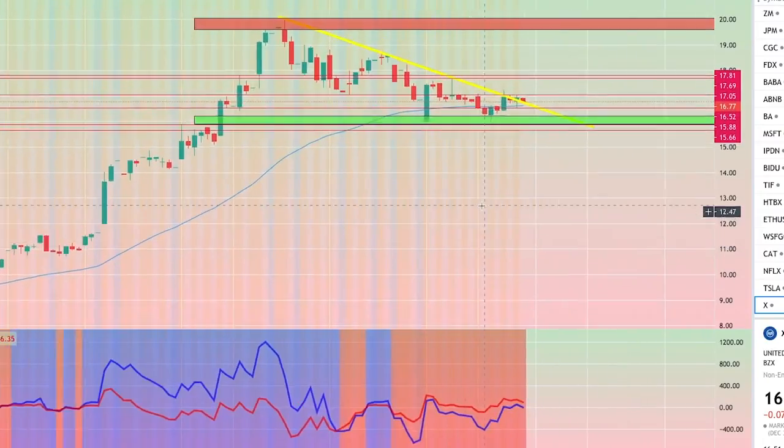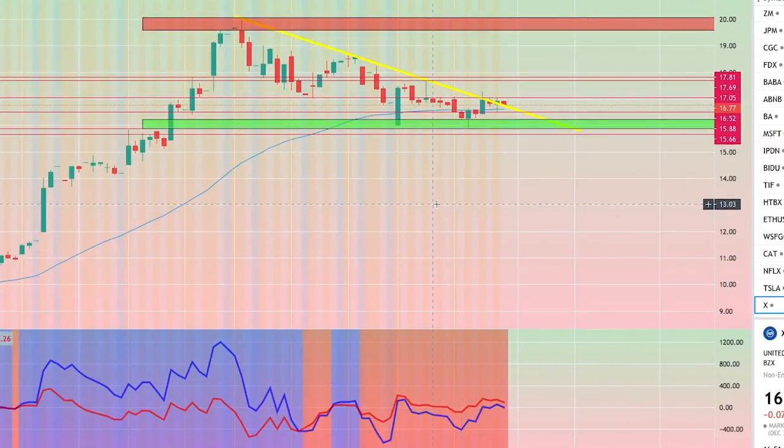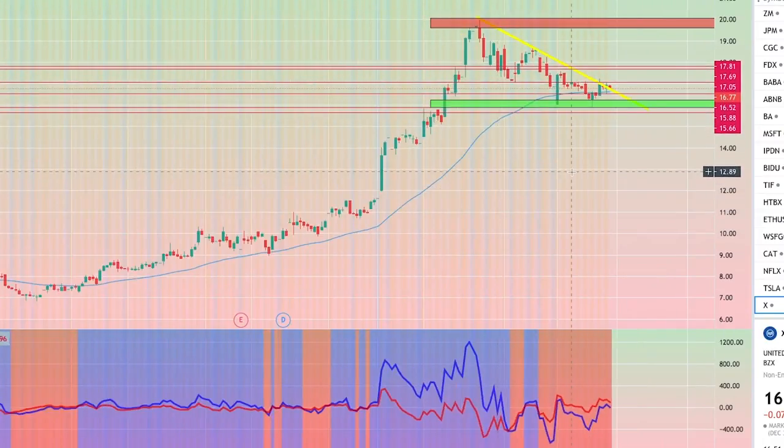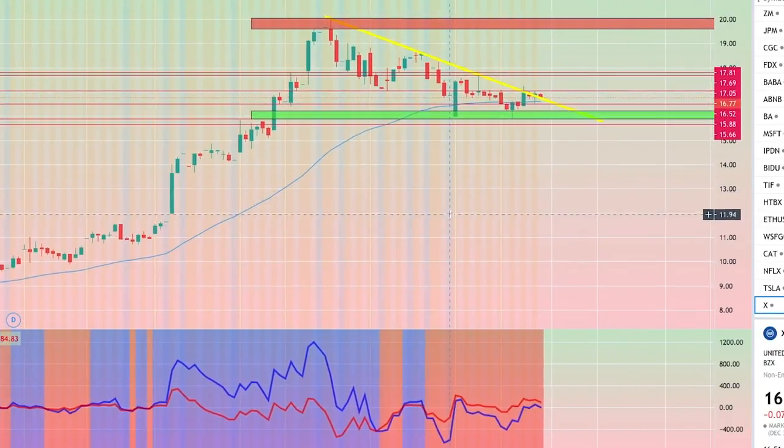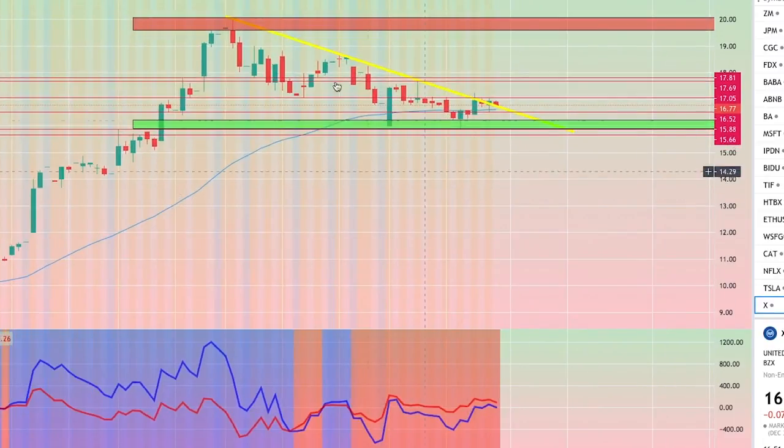So here we've got a chart up which is United States Steel Corporation. This is the same chart which I was using on my last video, but as you can see here, we've got a simple supply and demand charted on the graph. We've got a downward trend line, represented by this yellow line, and I have a 50 EMA on the chart as well, which is this blue line.